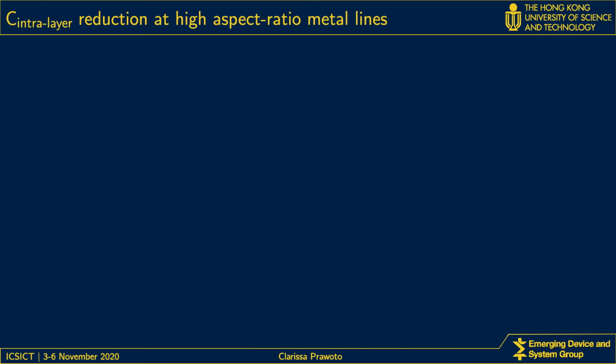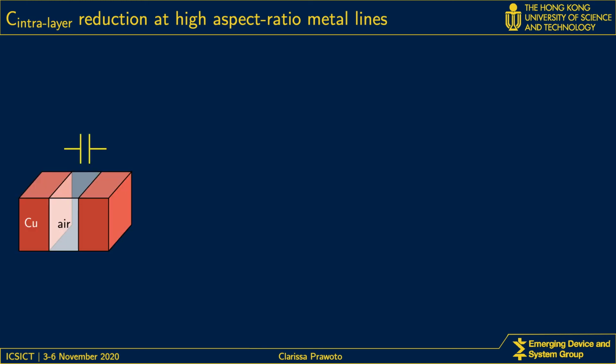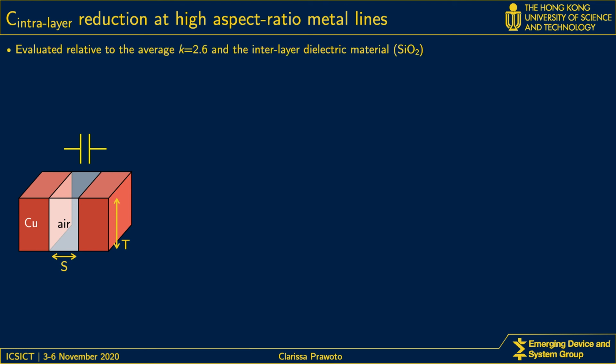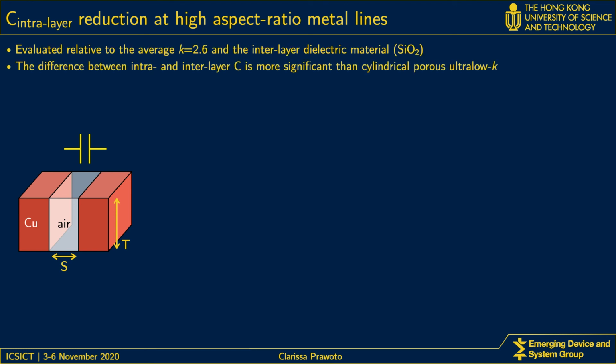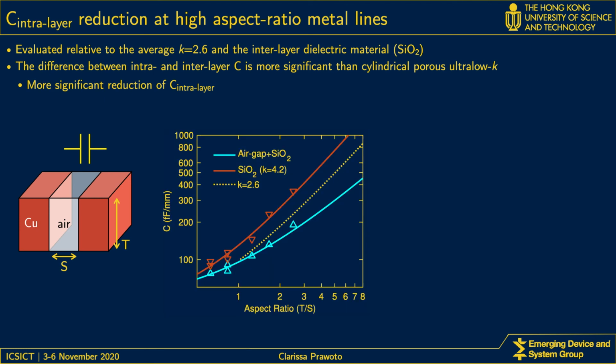To evaluate how air gaps can be used to reduce intra-layer capacitance, we show capacitance reduction as a function of aspect ratio, which is defined as T over S, as before. Using the average K as a reference, the intra-layer K is significantly lower than the interlayer K. As a result, intra-layer capacitance is reduced significantly.